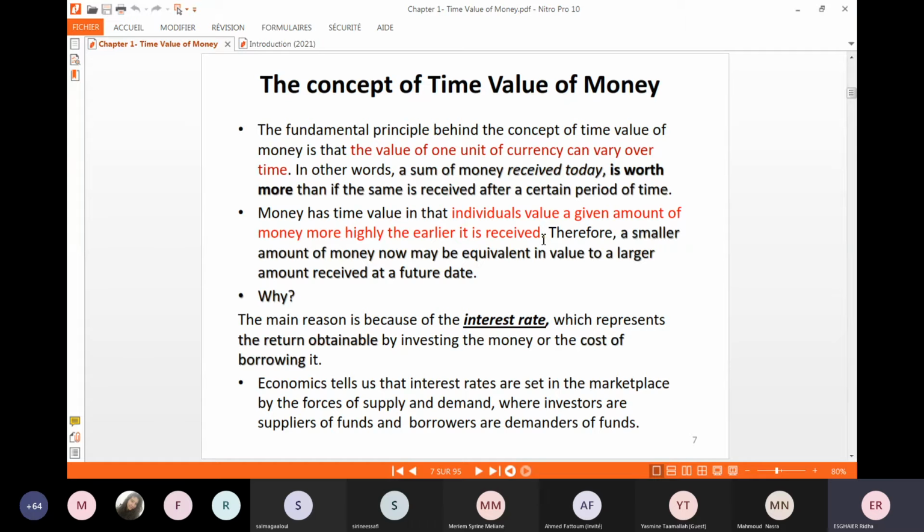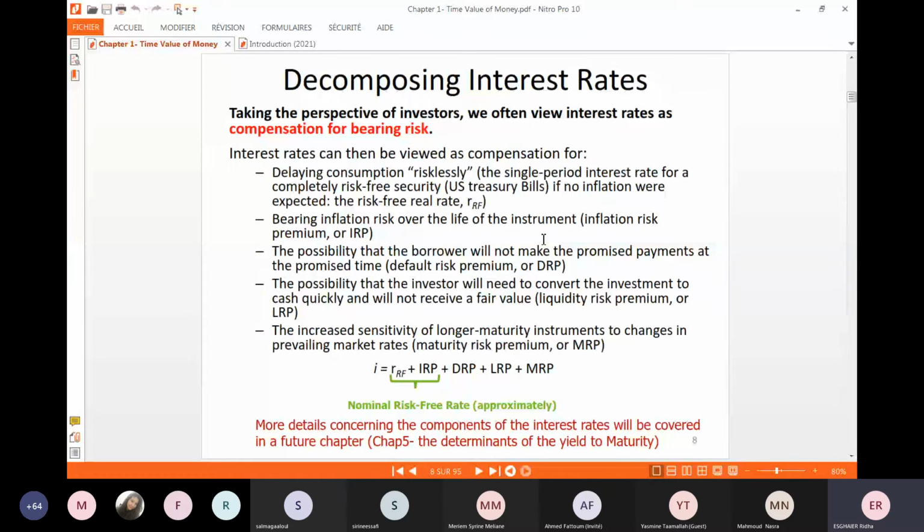From the suppliers of funds perspective, as investors, we often view the interest rates as a compensation for bearing risk. So when you decide to lend your money, you will demand a compensation for different risks.